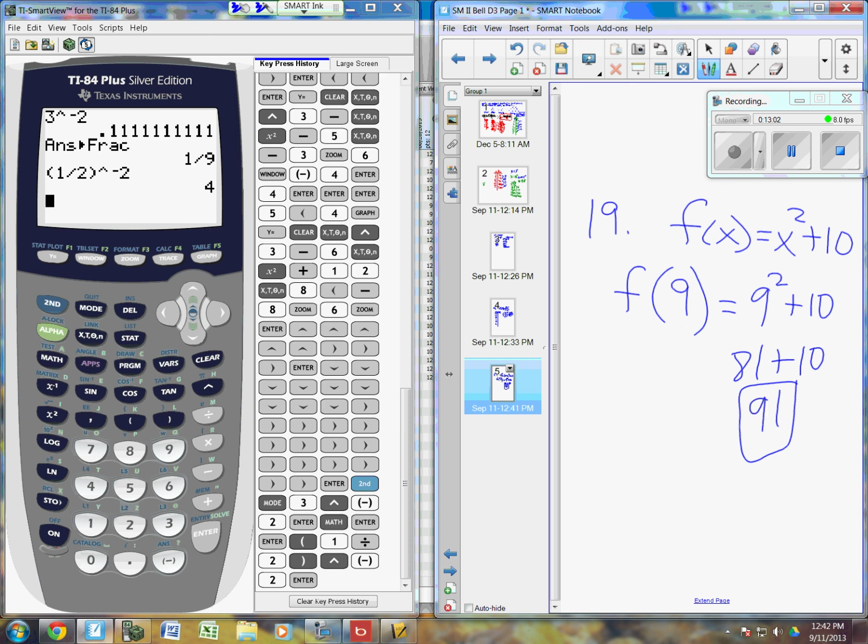Look back on the first page. What were all 5 of the first 5 problems? Don't guess. Look. They're exponential. What makes an exponential function? It's power of x. If it's power to the x, it's exponential. If it's x to the second power, it's quadratic. Do you guys see that?